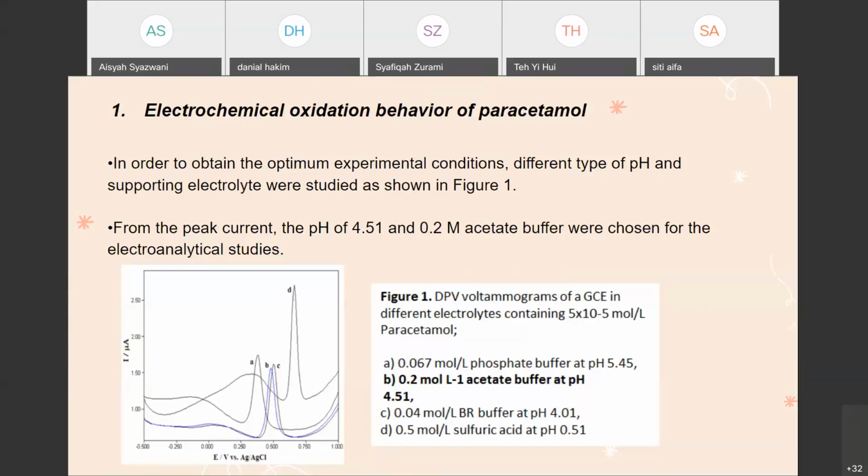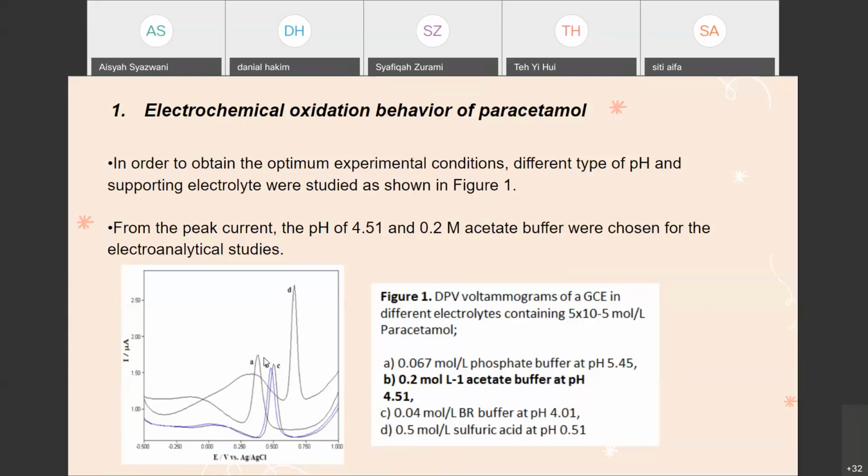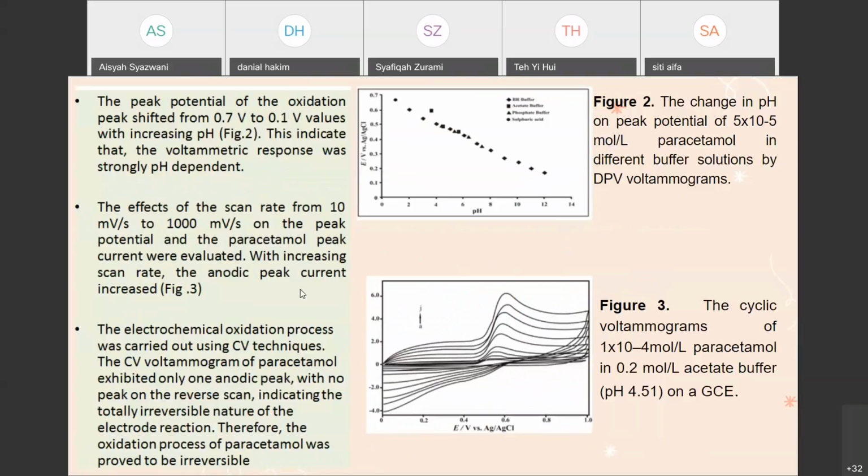From the figure, we can see for A is the phosphate buffer at pH 5.45, and for B is acetate buffer, and C is for the BR buffer, and the highest is the sulfuric acid.